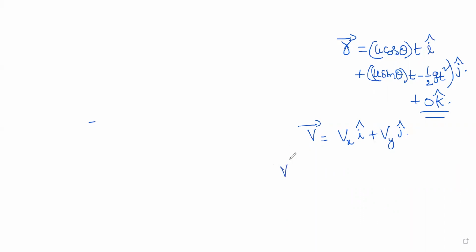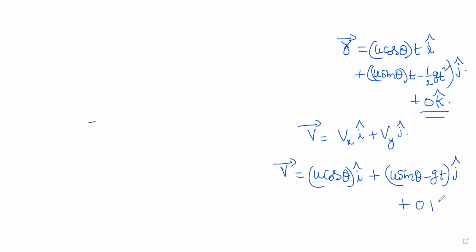The velocity vector is nothing but Vx, which is not going to change because there is no acceleration in the x direction, so u cos theta times i cap plus Vy, which is u sine theta minus gt, times j cap. And then you don't have any velocity in the z direction, so you write 0 k cap. Now the ingredients are ready, and the mass of the projectile is constant. So mass is m, a scalar, and it is constant.